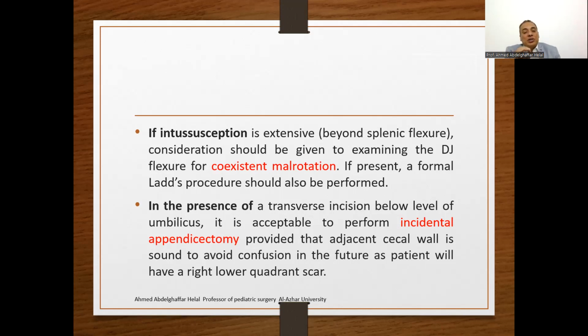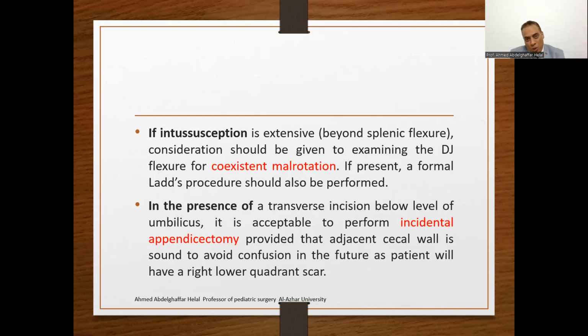If you decide to perform a transverse incision below the umbilicus, it's acceptable to perform an incidental appendectomy, provided that the cecal wall is good, to avoid confusion in the future, as the patient will have a right lower quadrant scar.